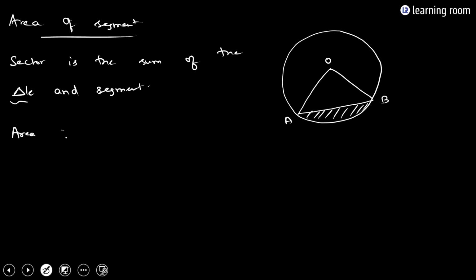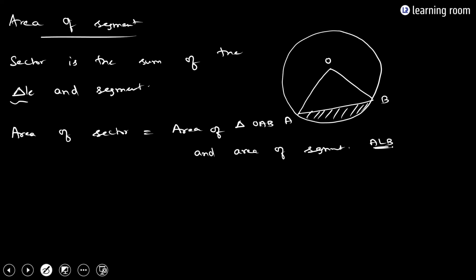So can I say area of sector is equal to area of triangle OAB and area of segment ALB. So what is the area of sector? Theta by 360 into pi r square.